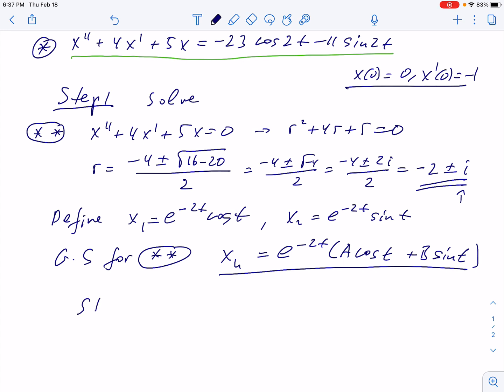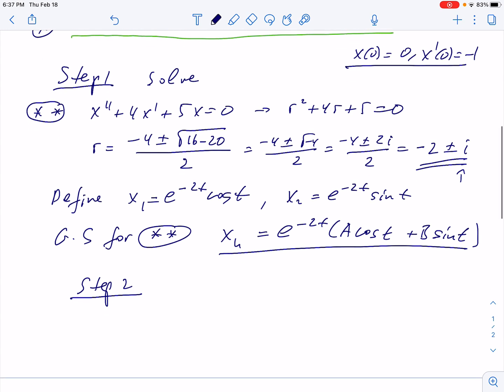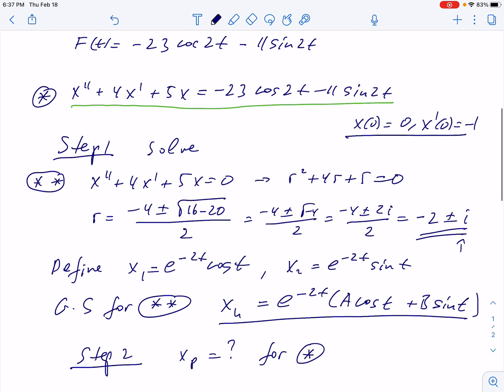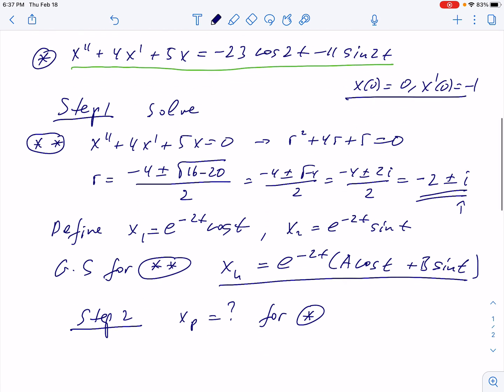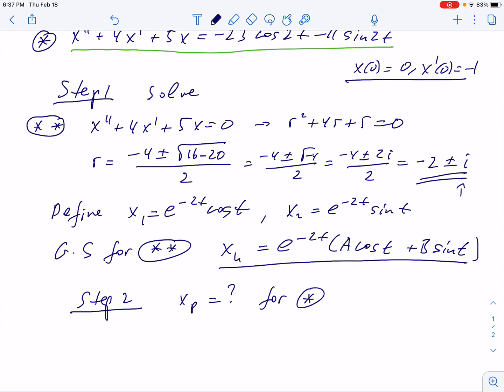Now we're going to step 2. In step 2, we have to produce a particular solution for the original non-homogeneous equation. To do this, we look at the right-hand side and we match it this way.